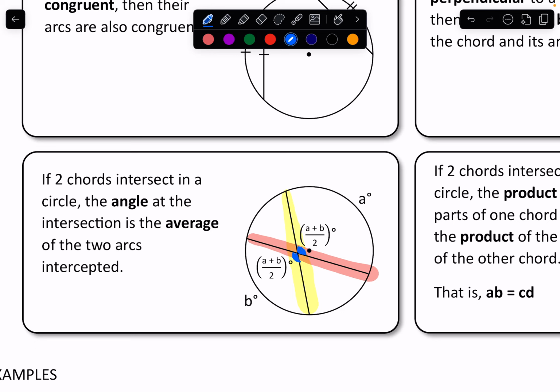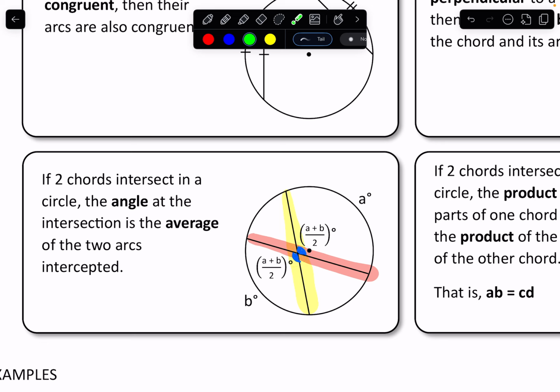So lots of stuff going on here, but notice this intersection, you end up with 4 arcs. You've got this angle that makes arc A, and then you've got this angle that makes arc B. Well, the measurement of these inside angles is the average of arc A and arc B. So if you add those two arcs together and divide by 2, that's going to give you the measurement of this angle on the inside.